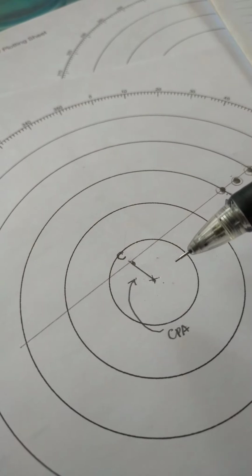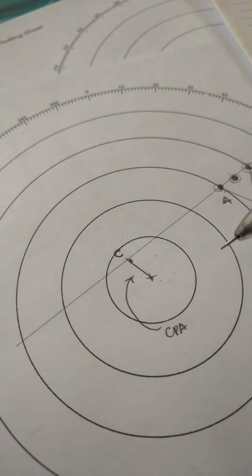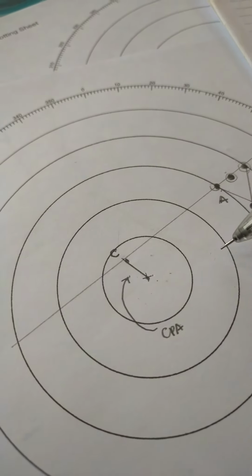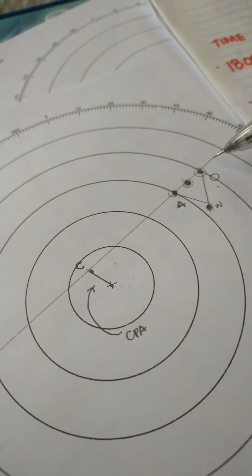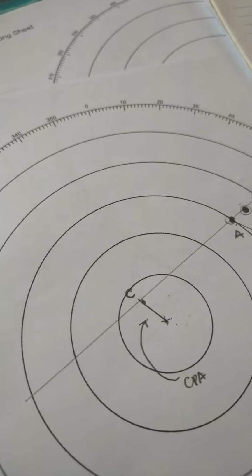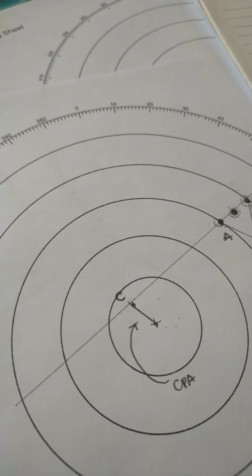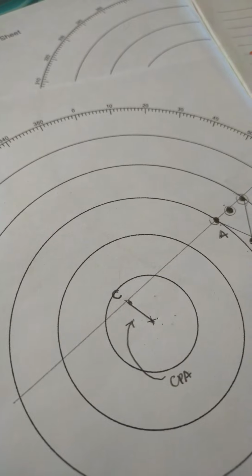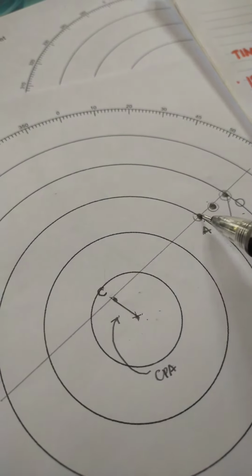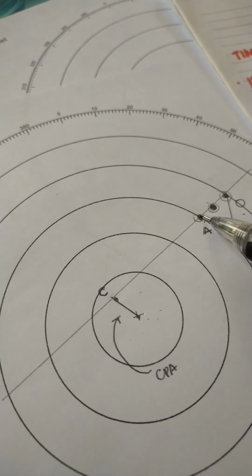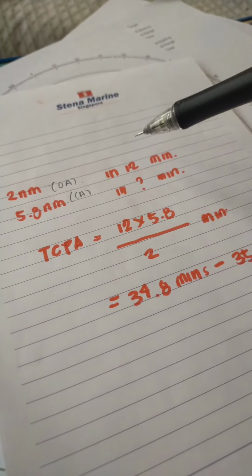So to calculate the TCPA, we just need to calculate the time required to reach point C, considering it took 12 minutes to cover the distance of O and A. To do that, measure the distance C and A, that would be 5.8 nautical miles in this case. So from the distance here to here is 5.8 nautical miles. So this is the formula in getting the TCPA.